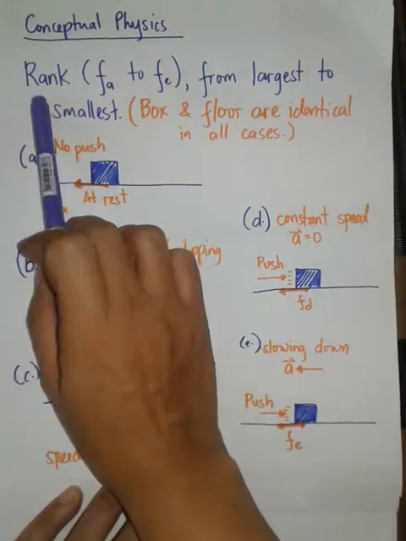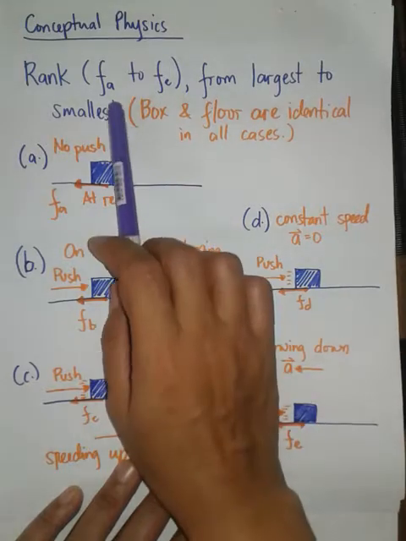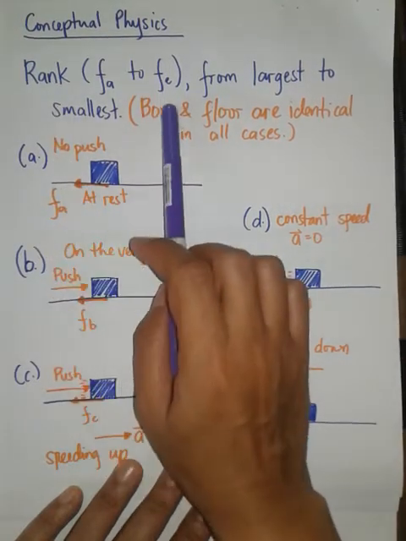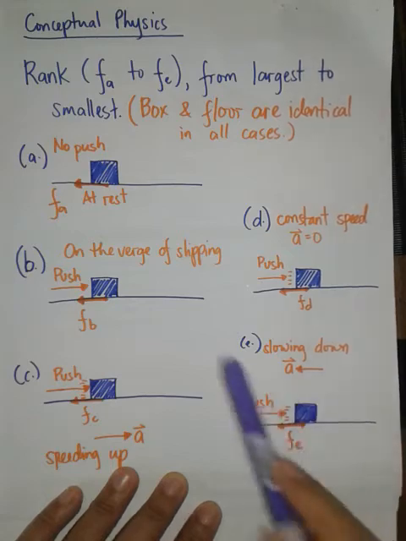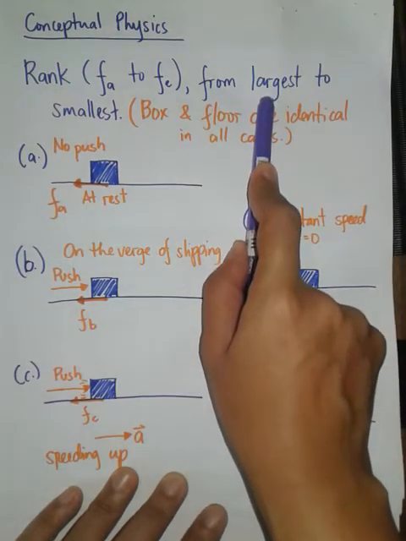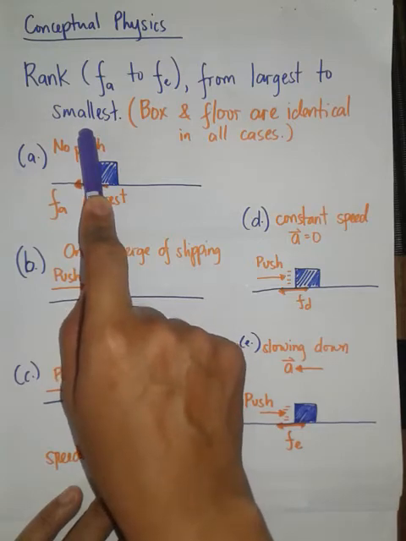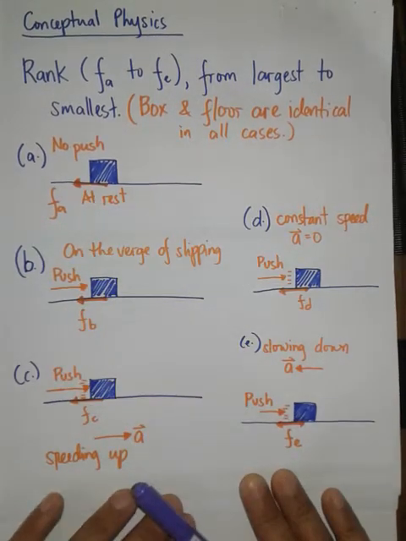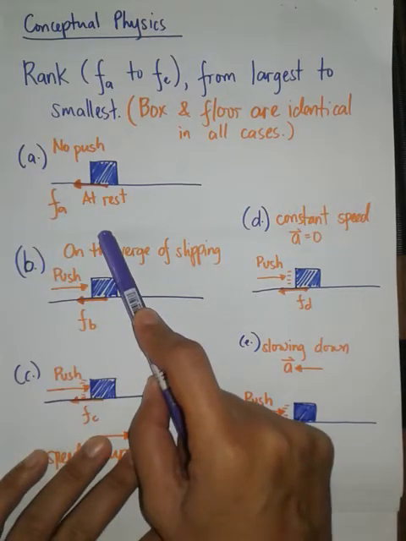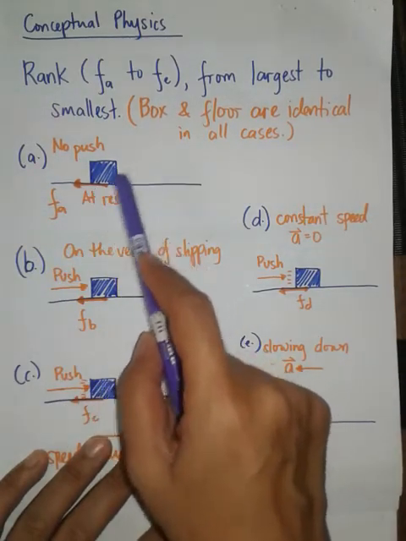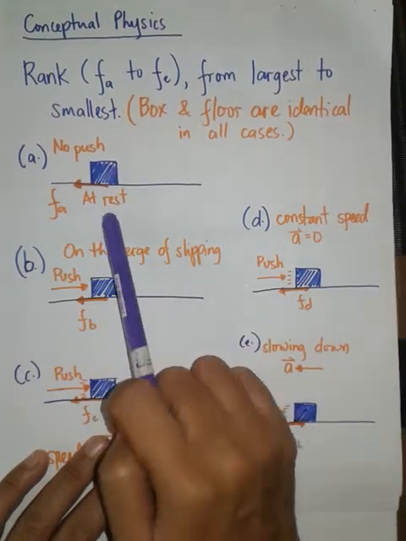We are to rank the frictional forces FA to FE, whether static or kinetic, from the largest or strongest frictional force to the weakest. So what are the cases? In case A, no one is pushing the box and it's not moving.